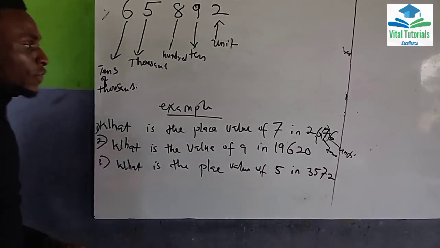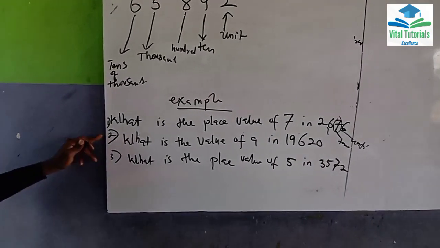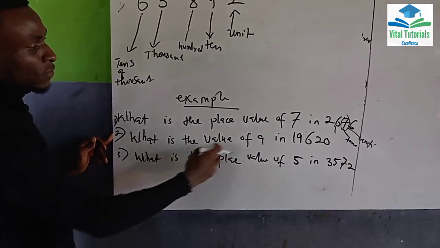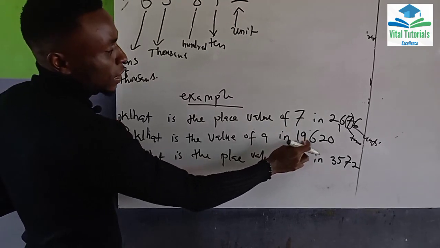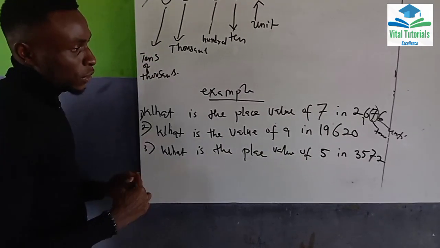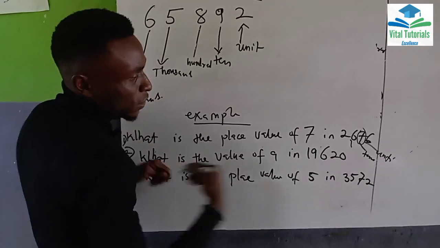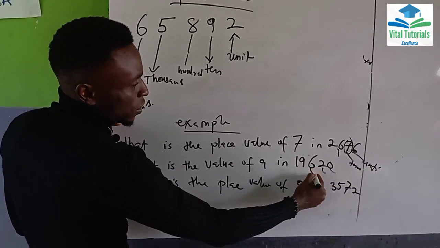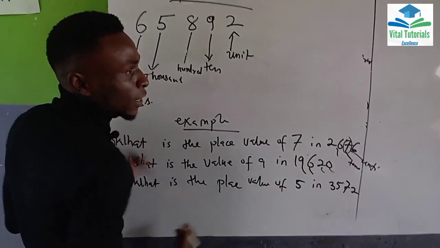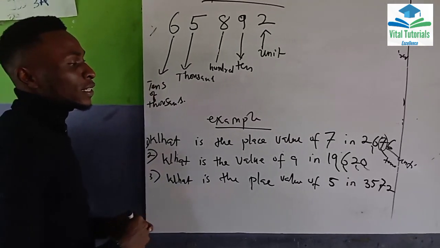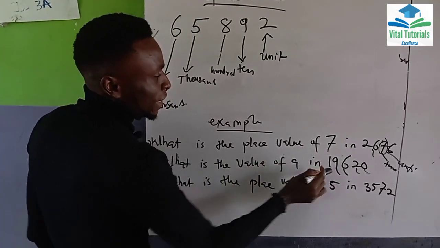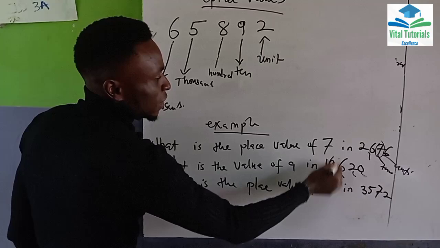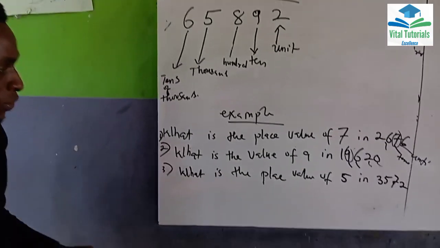So the place value of 7 there is tens. Come to the second one: what is the place value of 9 in 19620? You can see that the first one is units, the second one is tens, this one is hundreds, while this one is thousands. Therefore, the place value of 9 in this number is thousands.